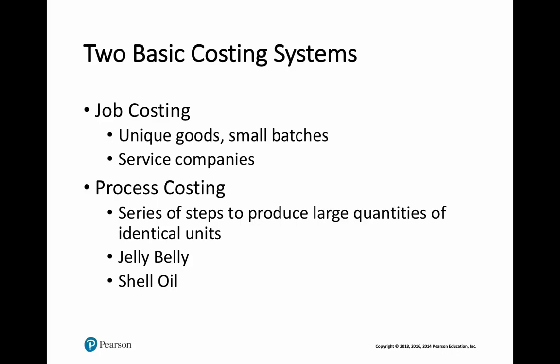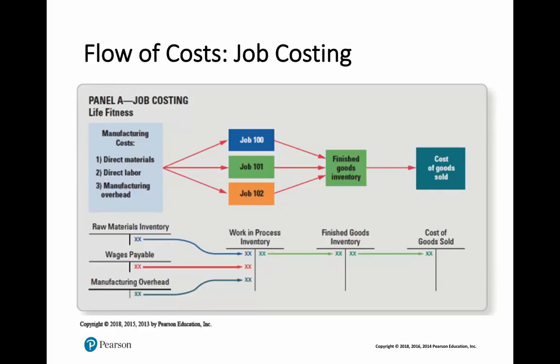We're going to figure out how much each one cost based off of we produced 1 million that day and it cost us $1,000 or something like that. We're not going to spend the time to figure out what each jelly bean cost us, or if you're Shell, what each gallon of gas cost us individually. We figure out how much the batch cost for that day or that week, and then we divide that cost for the batch by the number of units, the number of products.